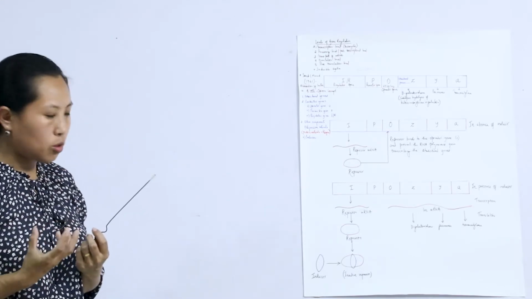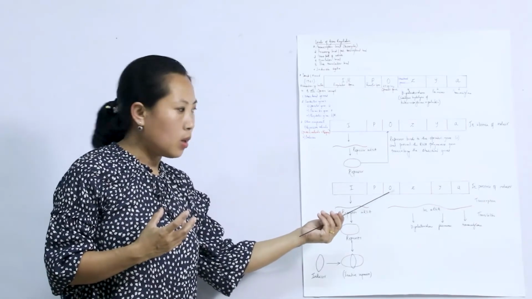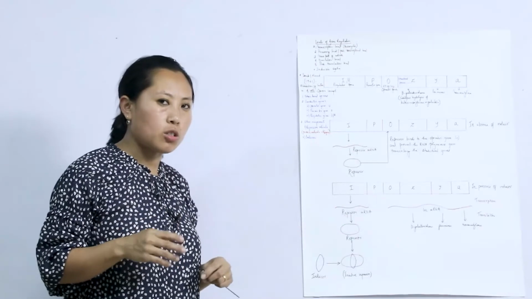When there is a change in the structure of the repressor, it is unable to bind to the operator gene.